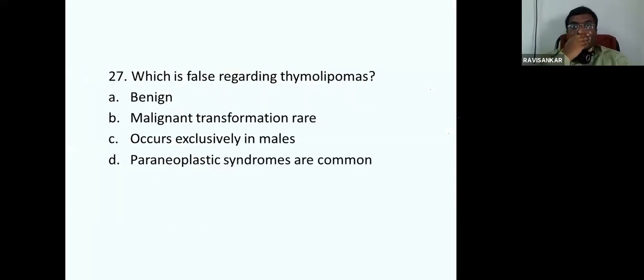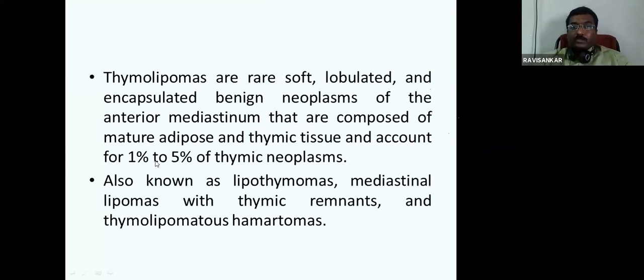Which is false regarding thymolipomas? Any guesses? Good. Thymolipomas are 1 to 5% of the thymic neoplasms.